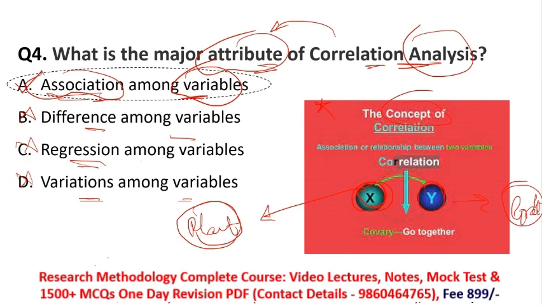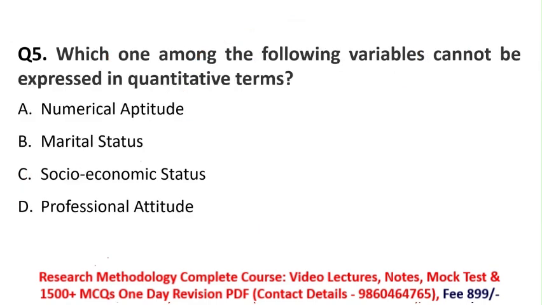Okay, next. Which among the following variables cannot be expressed in quantitative terms? They have given you some options and we have to find which option cannot be expressed in quantitative terms, meaning we cannot count it. Quantitative means generally we play with numbers. Option A is numerical aptitude.